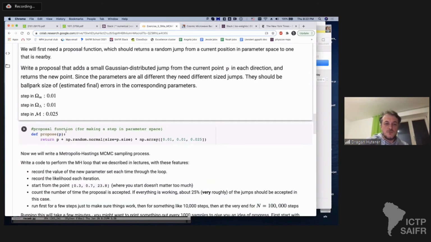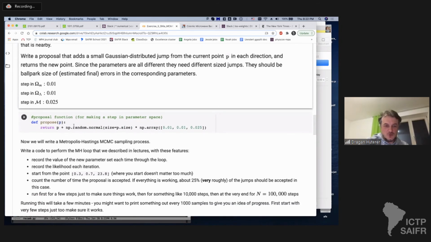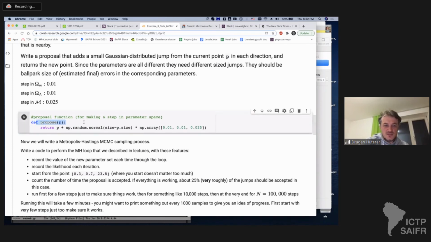So first you want the proposal function. And here I'm not asking you to do anything. So I say you propose a step for parameters P. Remember, P is this triplet. And you return P plus a step, but I want a random number, so pick a random number from a Gaussian distribution. That red arrow in that movie is this quantity. It has lengths of this much in 3 dimensions, but each one of these I multiply by a random Gaussian number.